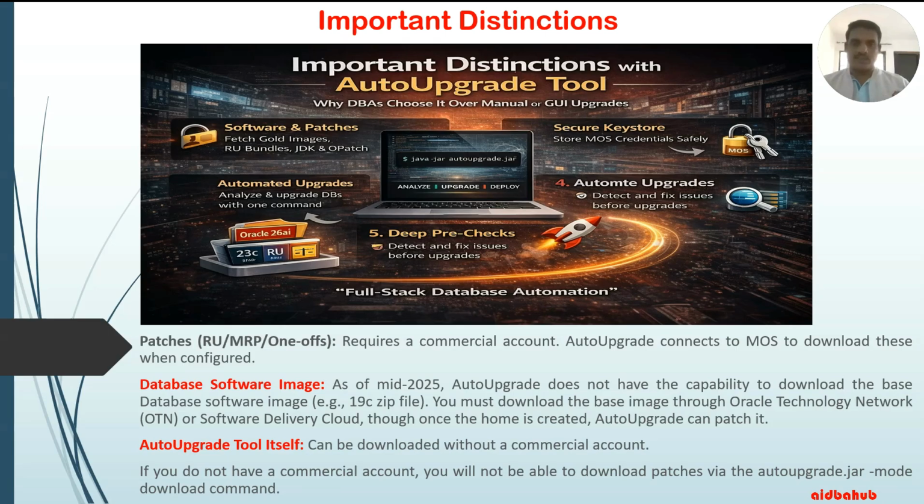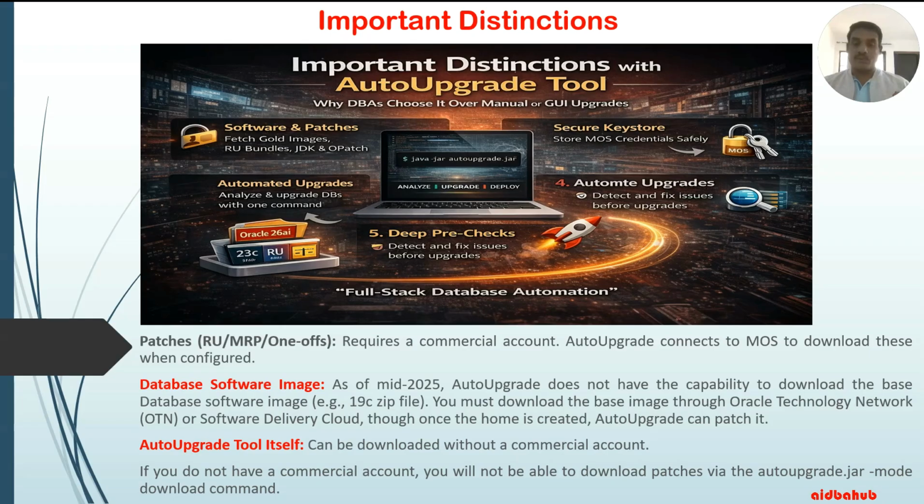Important distinctions. Patches such as RU and MRP require a commercial account. Auto Upgrade connects to MOS to download these when configured. Database software image: as of mid-2025, Auto Upgrade does not have the capability to download the base database software image, for example the 19c zip file.